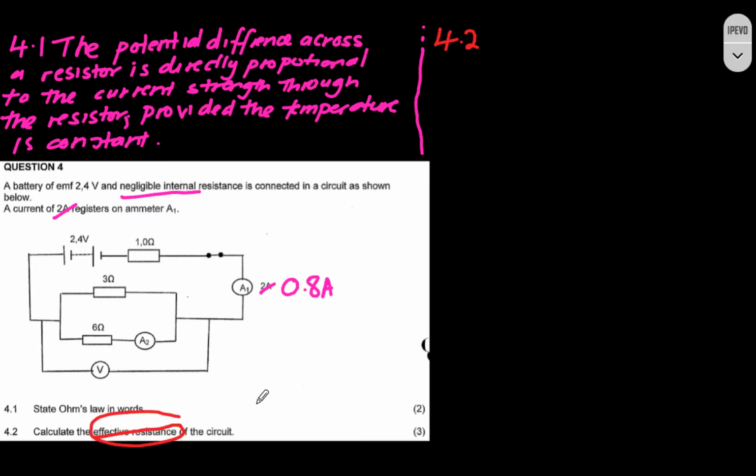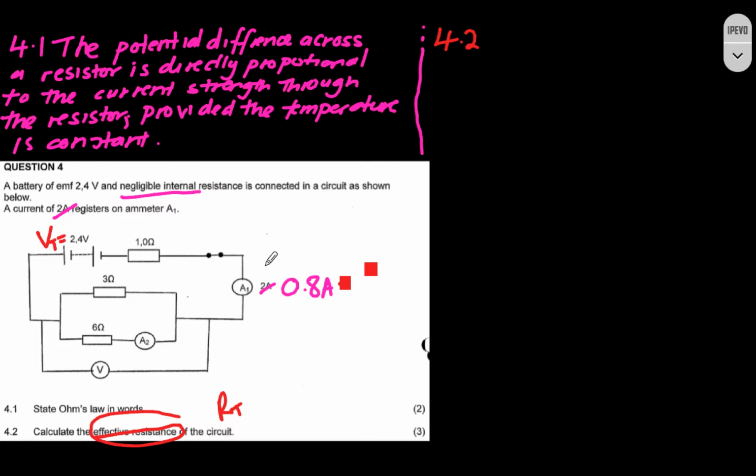So you must know the effective resistance is the same as the total resistance. So now to calculate the total resistance here, we must have obviously the total current, the total voltage, or we can actually just simply add all the resistors, right? So obviously, as you can see here, we do have the total current here. This is our total current and this is our total voltage.